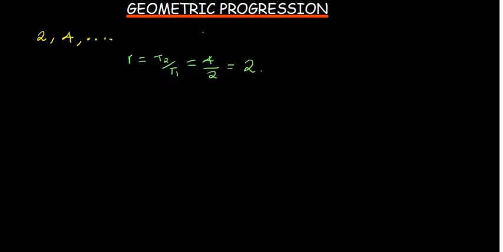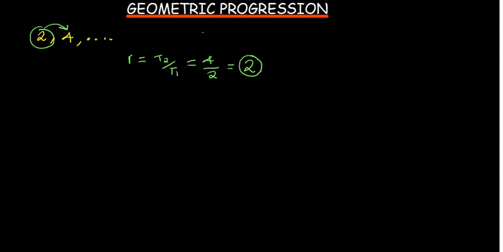Now if we've seen that this gives us a 2, how are we able to find the other terms which are in front? The first term we had is 2. How did we get a 4? You always multiply by the common ratio.